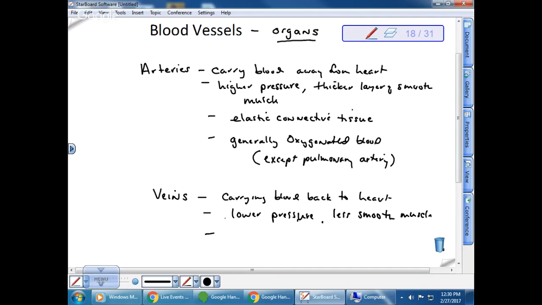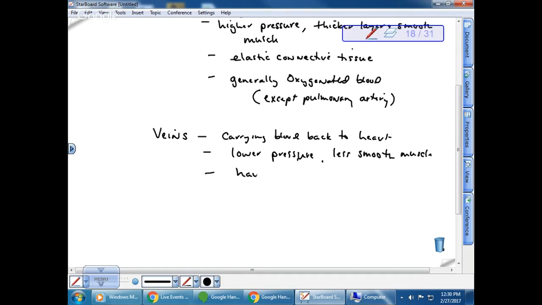The veins have valves, and these specifically help prevent backflow, because the blood is under such low pressure that sometimes it has a hard time moving up against gravity.